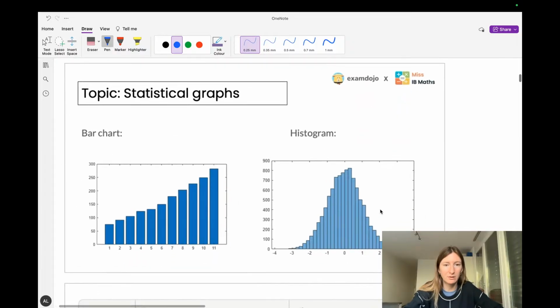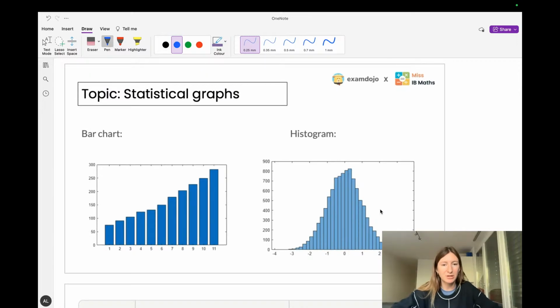All right, for histograms, bar charts are not typically something that we see because they're quite basic. They're not really to do with the continuous data that we're looking at. So you're going to be seeing histograms. The main difference between bar charts or bar graphs and histograms is the spacing in between. So you can quite instantly recognize a bar chart when there are spaces in between the bars, and a histogram doesn't have spaces.